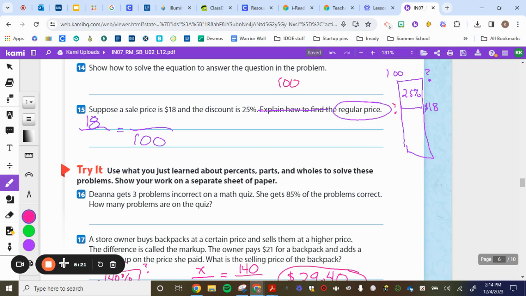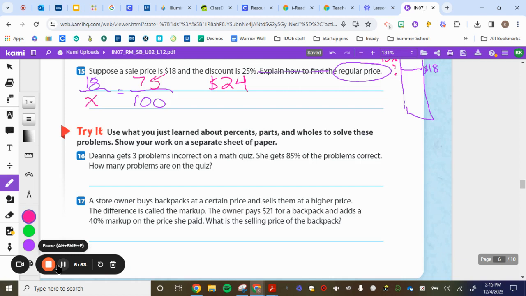So we'll do 100% minus 25% to get 75%. So 75% is our percentage. And then our variable, we're looking for the original price. So we're looking for the one that goes with the 100. Now, when I cross multiply this, I will get that the original amount was $24 when you do 18 times 100 and then divided by 75.